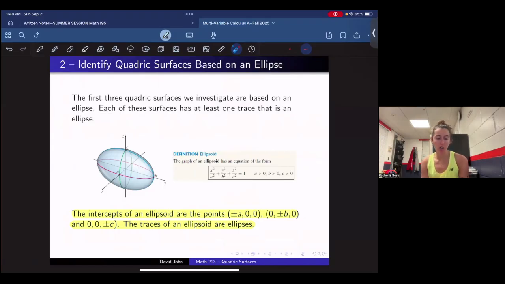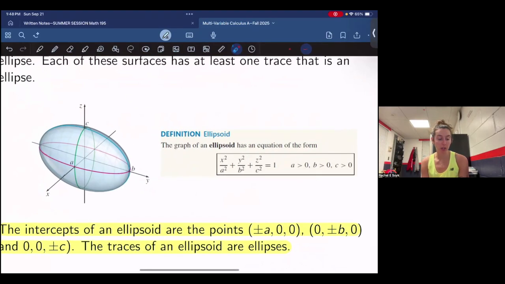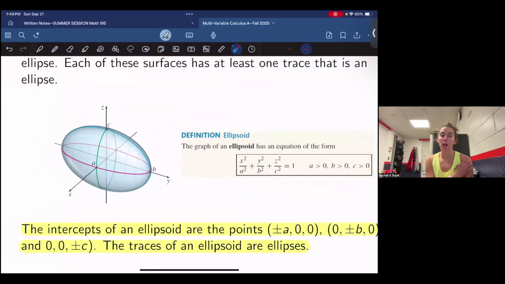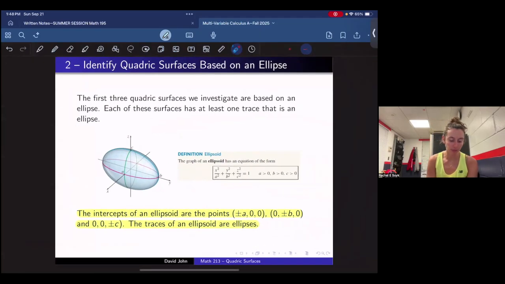Our definition of an ellipsoid, this is our general equation: x squared over a squared plus y squared over b squared plus z squared over c squared is equal to 1, and all of our constants a, b, c are positive.